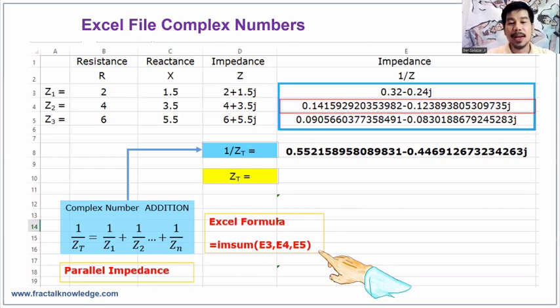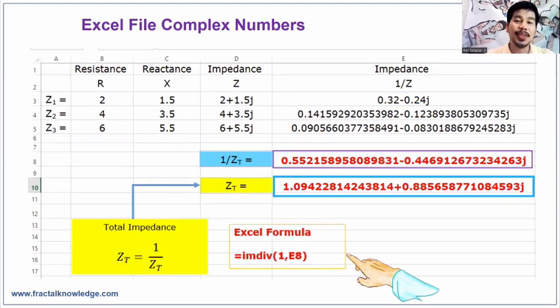The Excel formula is equals IMSUM, open parenthesis, move your cursor to E3, E4, E5, close parenthesis, enter. We have a value of 0.55215 minus 0.44691J.